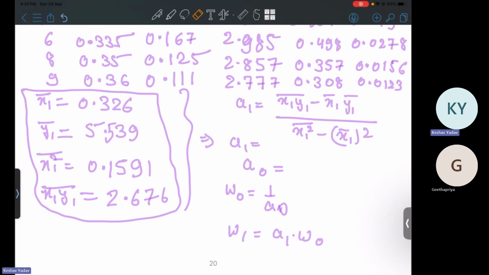Okay, so this A1 we need to find out now by using this formula. Please tell the value of A1 and A0.